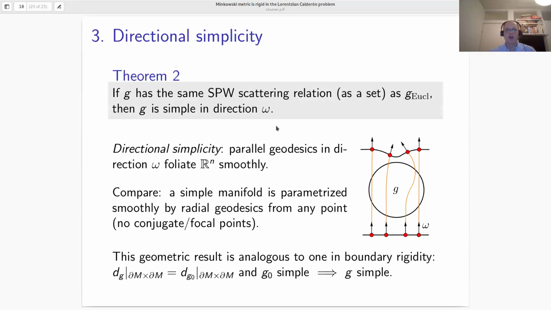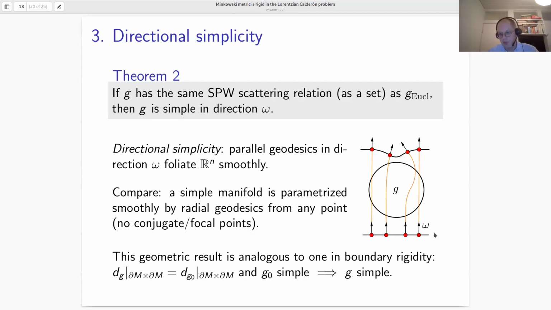And it turns out that if I have this single plane wave scattering relation as a set, or in other words, I know the wavefront set of this plane wave outside the region of interest, and if that is the same as the corresponding object for the Euclidean metric, recall that I'm now looking at only this product case, then this unknown metric is simple in this direction, in the sense that these geodesics foliate the whole space smoothly.